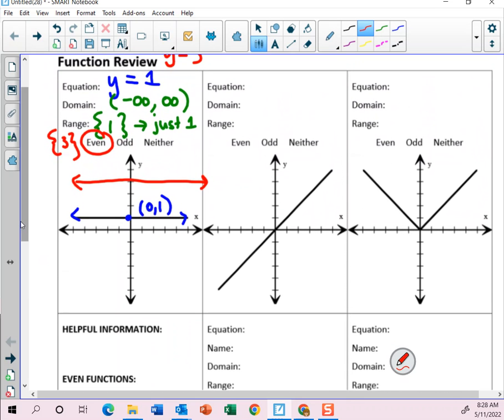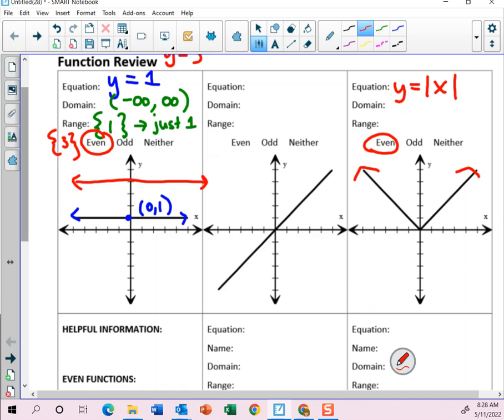And so if we skip over here just for a second, this guy, what's the name of that V-shaped guy? Do we know him? Yeah, that's the absolute value function. He's another even function, okay?